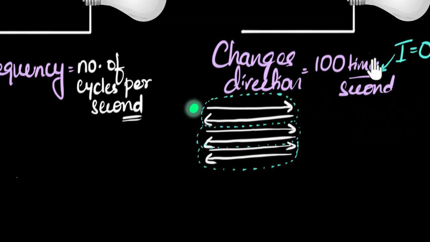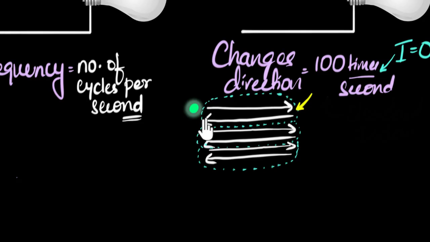Since I know the total number of times the electron changes direction in 1 second, to figure out the frequency, let's see how many times the electron changes direction in 1 cycle. Let's look at the first cycle. The electron is going forward and then whoop, changes its direction over here. So it changes direction once, and then it comes back.